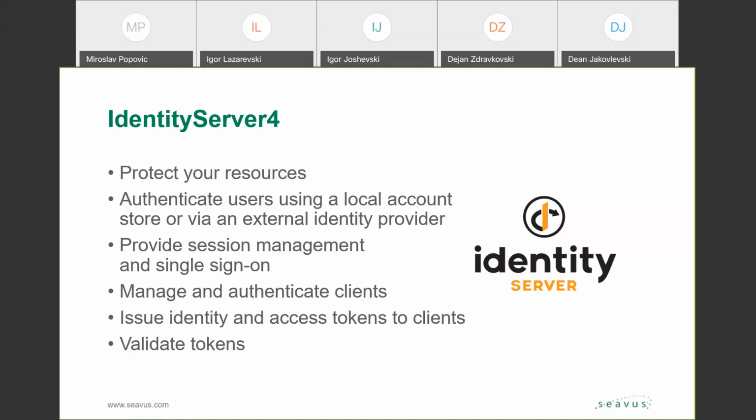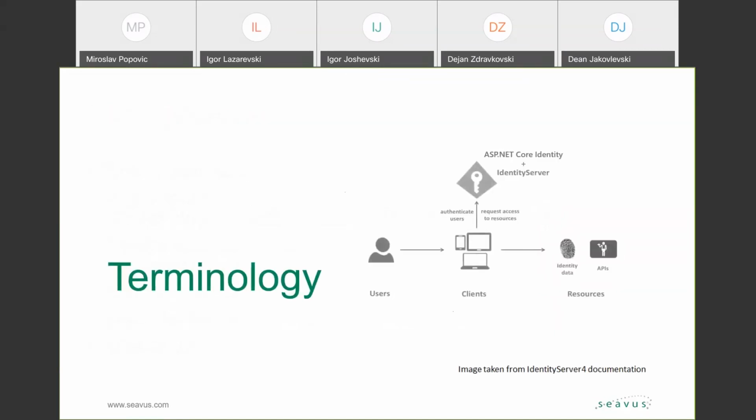So let's go through some terminology. The diagram on the right side shows how this centralized solution works. On one side, we have users, who go through some client to get to the resources that they need. And clients use Identity Server on our service to authenticate those users and to get tokens used to access those resources.